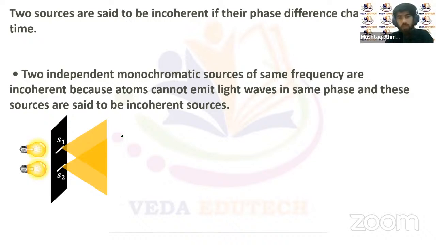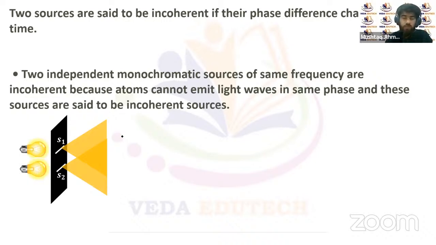So two independent monochromatic sources of the same frequency are incoherent, because atoms cannot emit light waves in the same phase. There will always be a phase difference between the light emitted by two different sources, because it is not always possible to have the same type of transition in atoms.